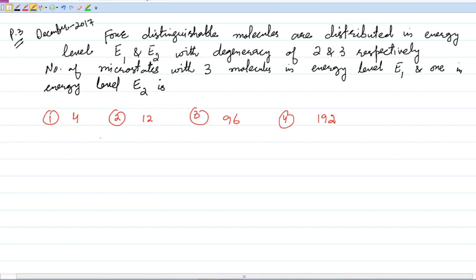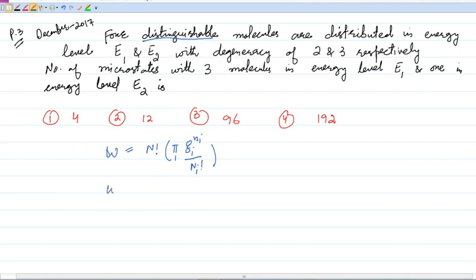First you have to remember these are distinguishable molecules, so we will simply use the Maxwell-Boltzmann distribution here. So we will simply write W will be equal to n factorial times the product over i of gi to the ni upon ni factorial.